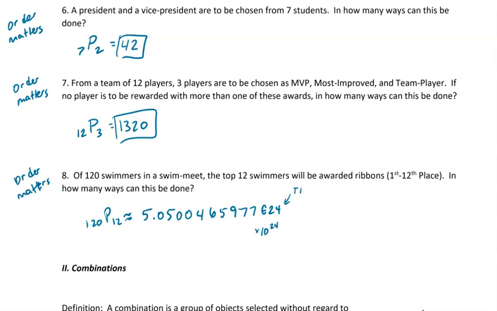On a TI 83 or 84, you're going to see that one. On something like Desmos, it's going to say times 10 to the 24th.